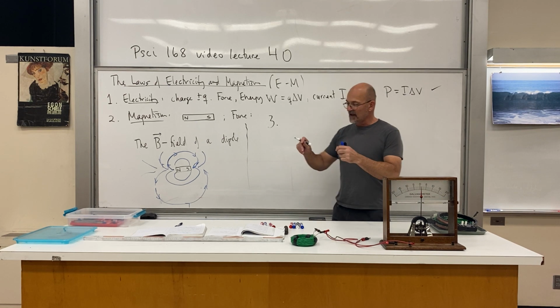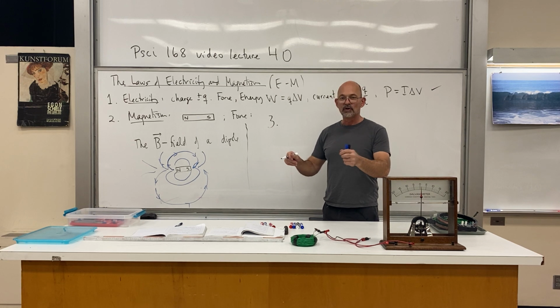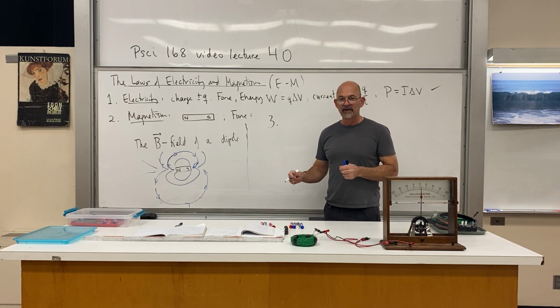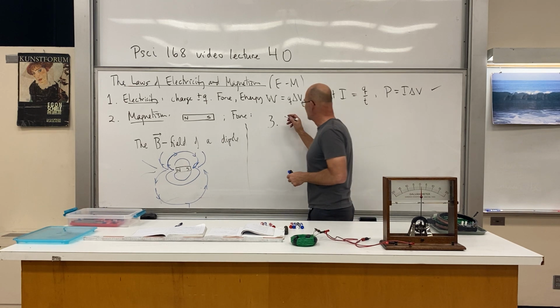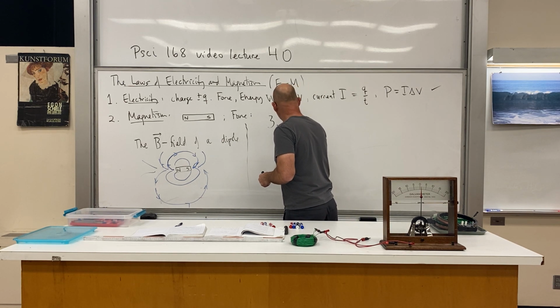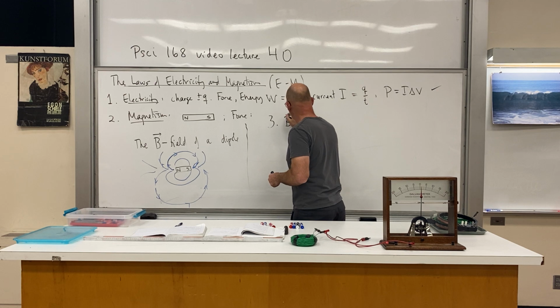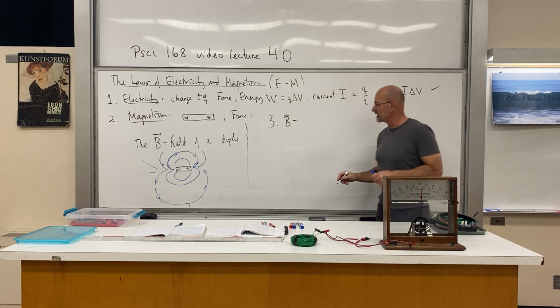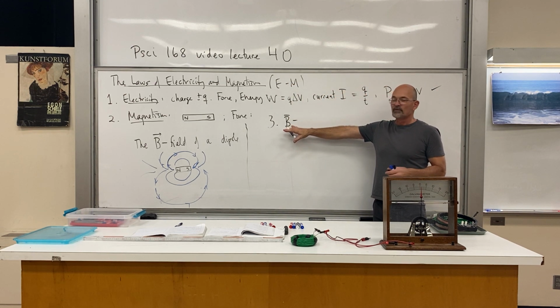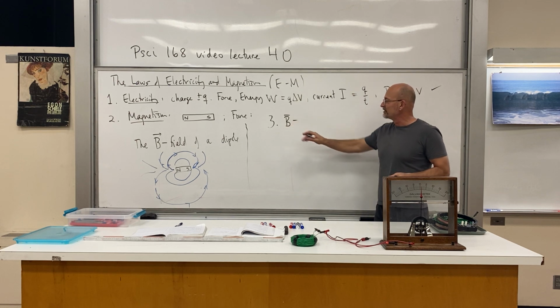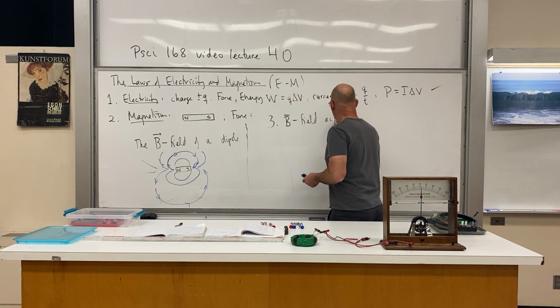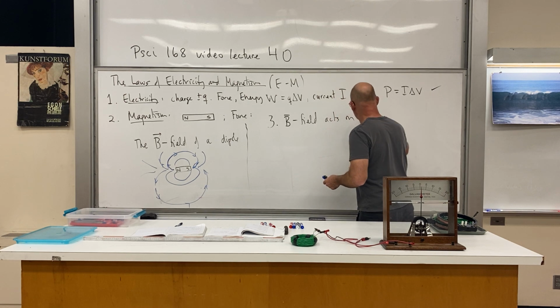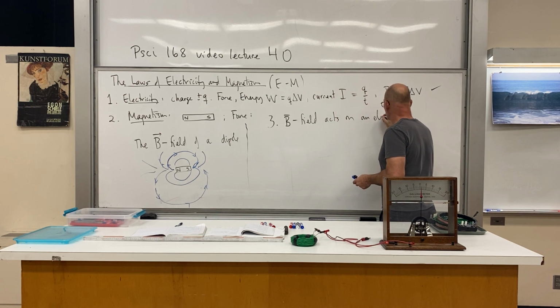So if I take an electric current through a wire and hold it in a magnetic field, there will be a force on it. And I'm going to demonstrate that next. So magnetic, and I'm using this short form, just calling it B field for magnetic field. You guys will get used to that. Acts on an electric current.